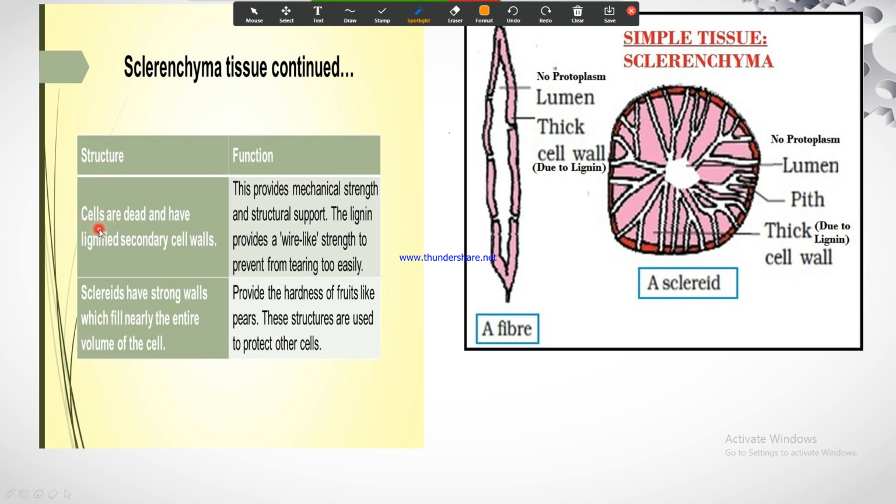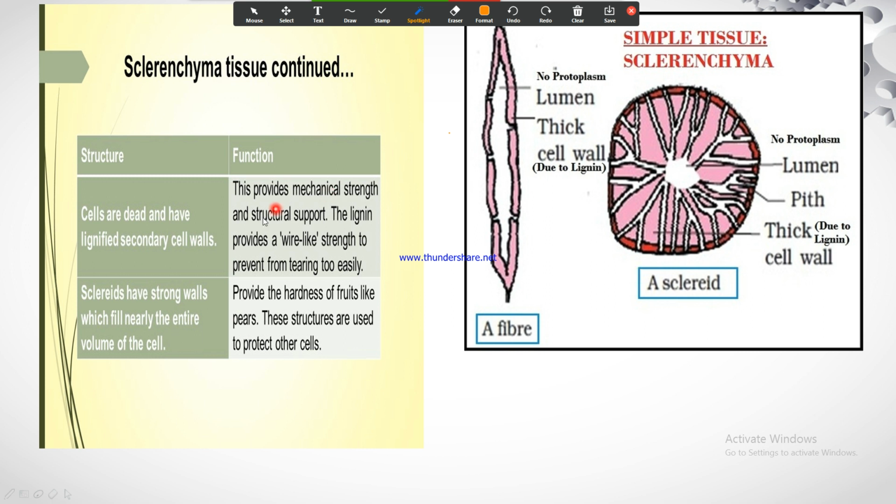In sclerenchyma tissues, the cells are dead and have lignified secondary cell walls. Sclerites have strong walls which fill nearly the entire volume of the cell. You see the entire volume of the cell is filled with lignin, and this is the structure of the sclerite.